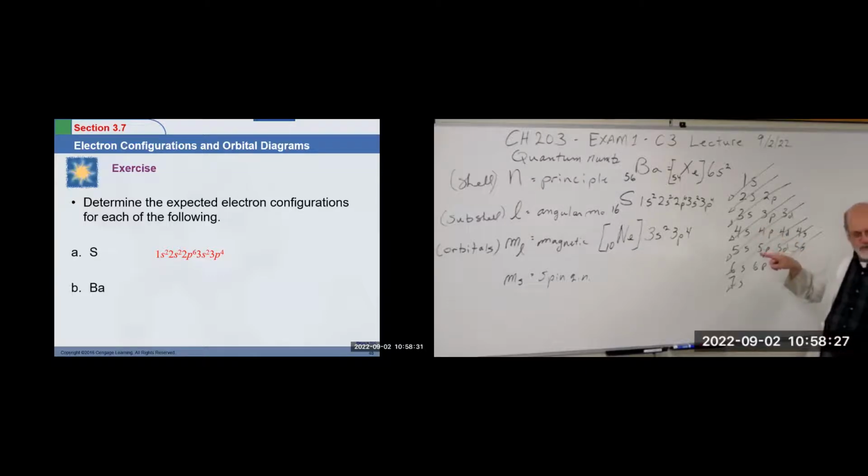So in the 4th period, the 3d's are filling. So 4s, 3d, then you're back to 4p. Then you go to 5s, 4d. It's doing the same thing here as in that diagonal chart. It's just that if you use the periodic table, you don't have to write that chart.